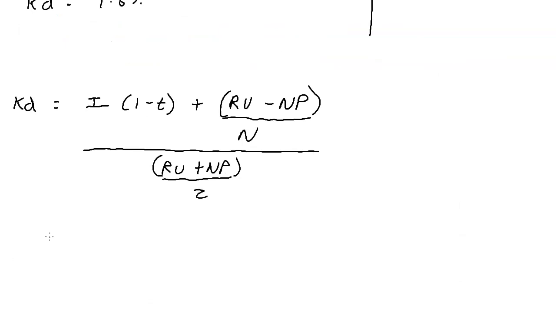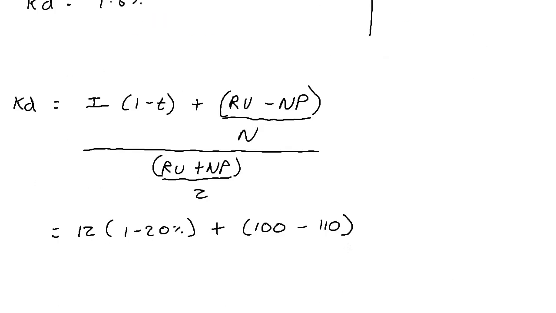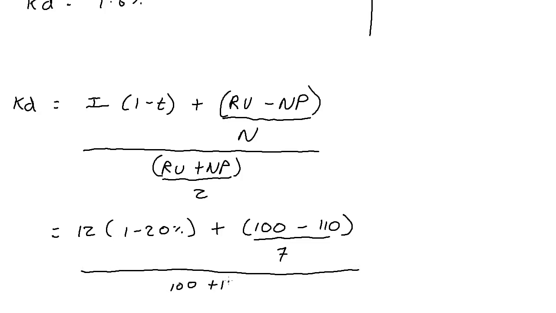Tax rate also doesn't change, so this is going to be 12 open bracket 1 minus 20%. Only thing is this time RV is 100, redemption value 100, redeemed at par. But the net proceeds, how much are we getting? It's issued at a premium, so it's 110. The useful life of this is 7 years, so this is divisible by 7, and the whole thing is 100 plus 110 upon 2.